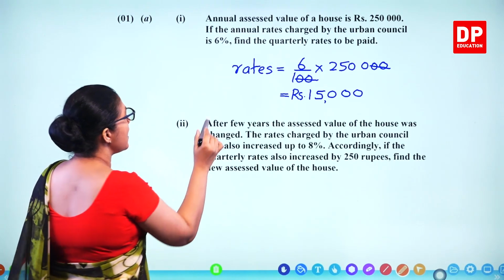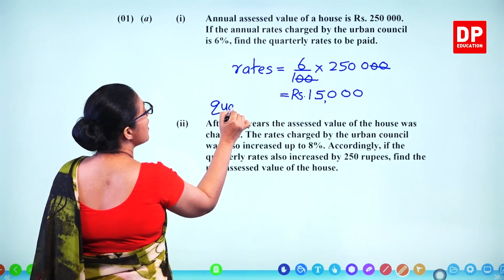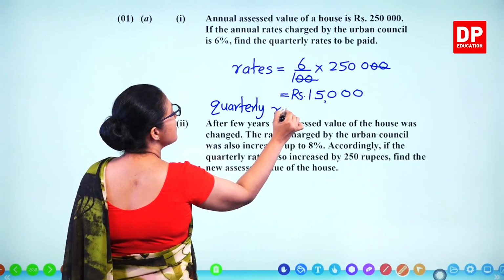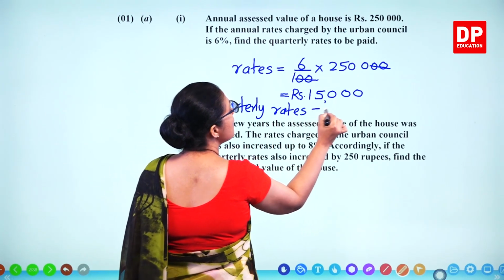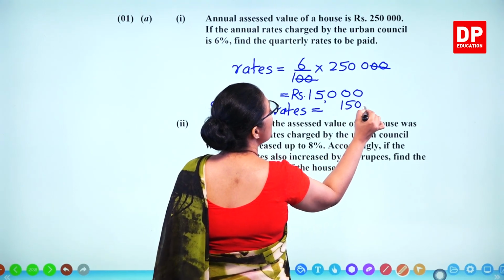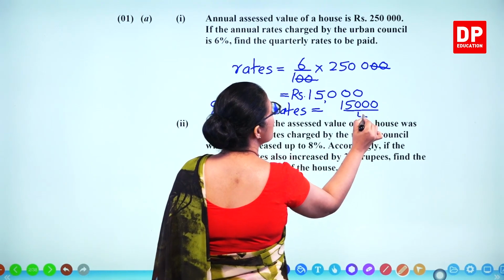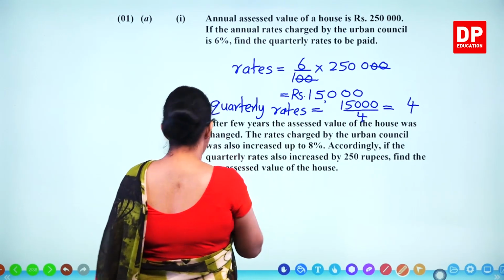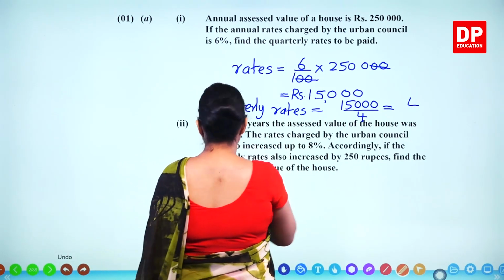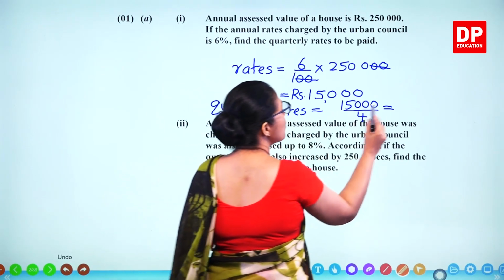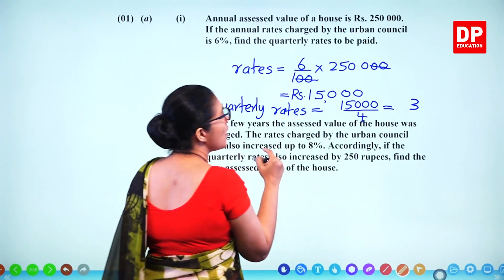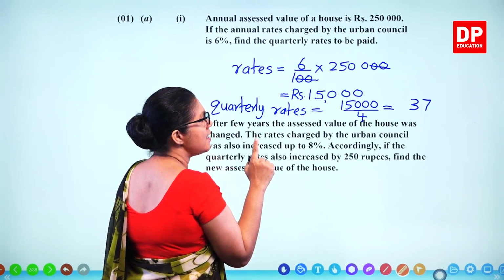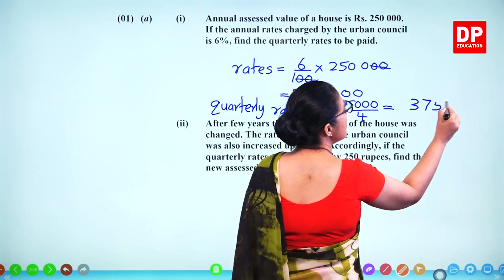So for the quarterly rates, you have to divide this by 4. 15,000 divided by 4: 4 times 3, 12, for 30 that's 7, 28, 20 again 5.